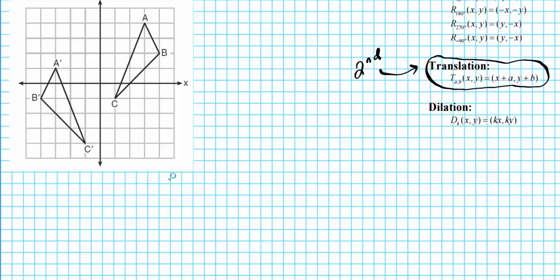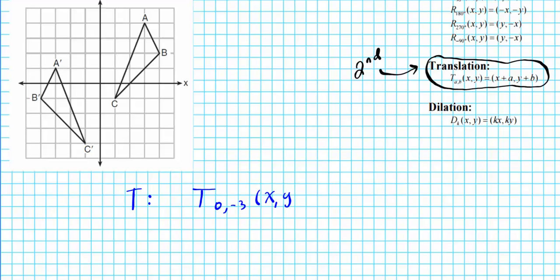In this problem, we have a composition of a reflection and a translation. You reflect first and then you translate, right? Whenever you're writing down your composition of transformations, you write the last transformation first and the first transformation last. There are only two here, so the translation was last, so write it first: T(0, -3) on xy.